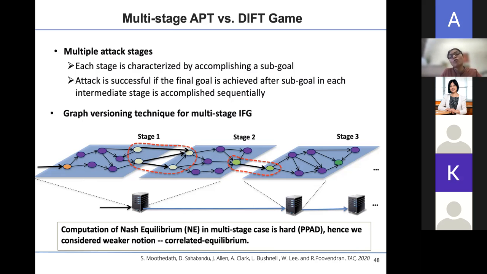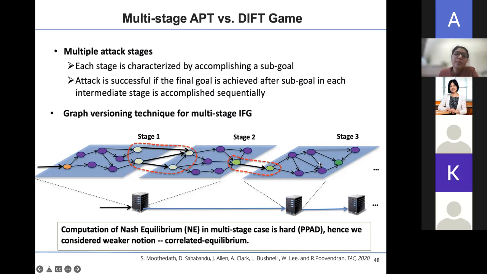But typically APT attacks also consist of multiple stages, where you can stitch the different stages in such a way that if the attacker achieves the goal in stage 1, it can hop on to stage 2. Stage 2 is another IFG, which has its own target or destination. And if it is successful in stage 2, it will hop on to stage 3 and so on.